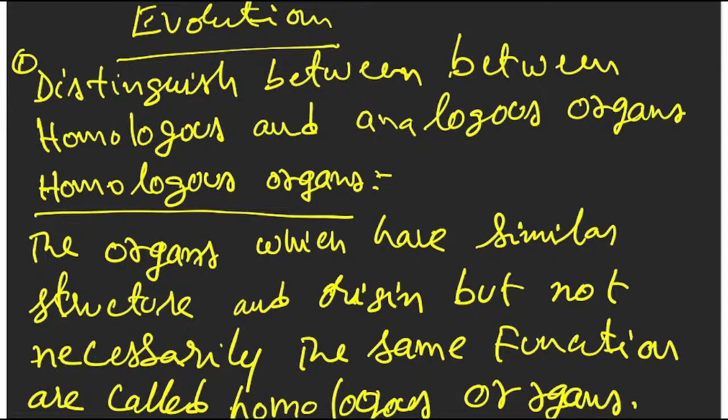What are the homologous organs? Organs which have similar structure and origin, but not necessarily same function.